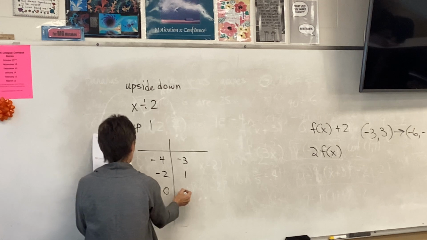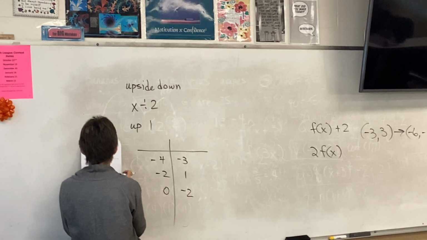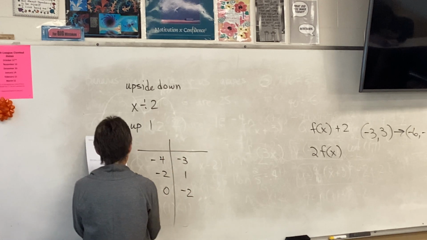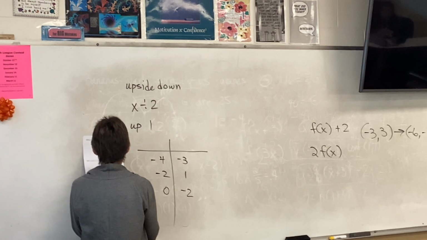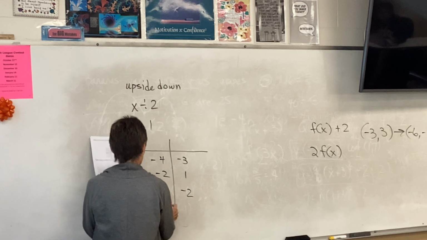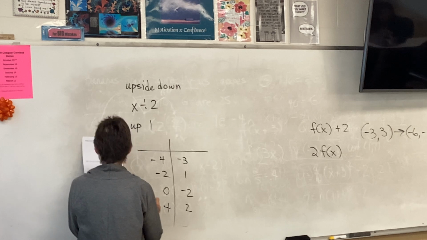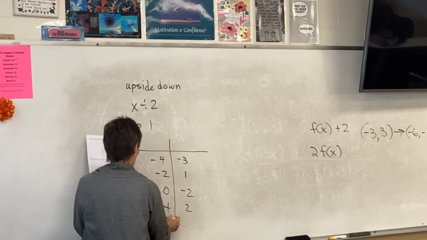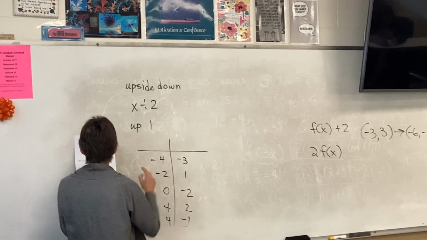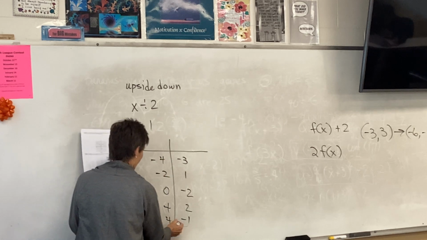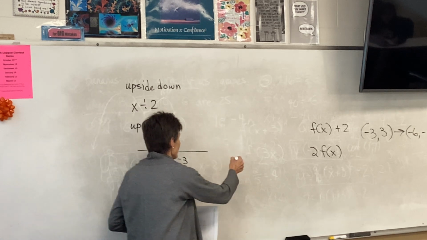Then I have one at (0, -2). These are just the original points. I have a hole at (4, 2), and I have a point at (4, -1). And then the end of the whole thing is at (6, 4). Alright, those are the originals.